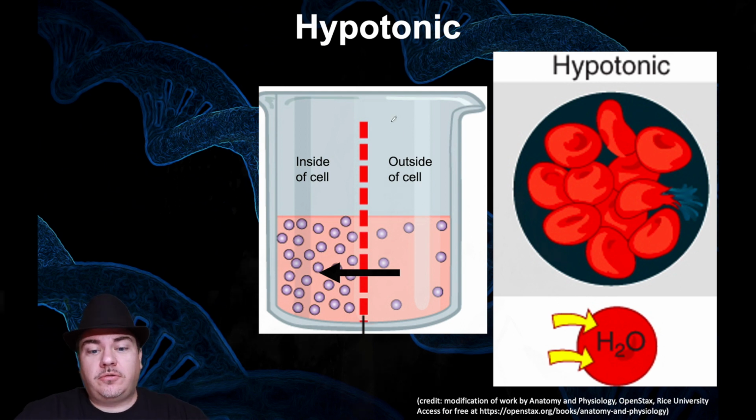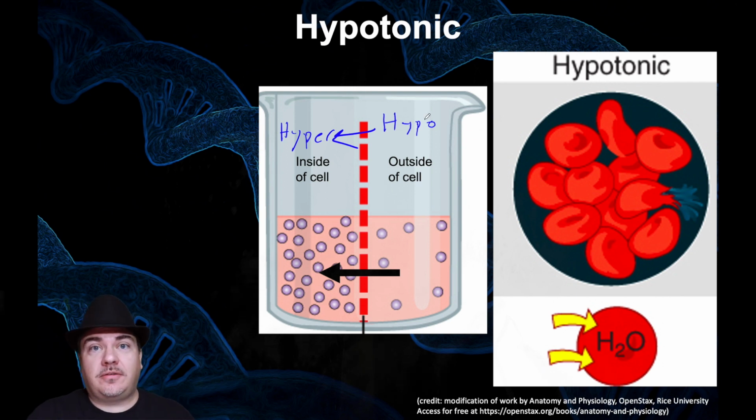I just told you that this is hypotonic compared to this. That's less solute over here compared to here. What that means is at the same time there's more solute over here compared to here, so technically this is hypertonic compared to this. So the net direction of osmosis is actually from hypotonic to hypertonic.